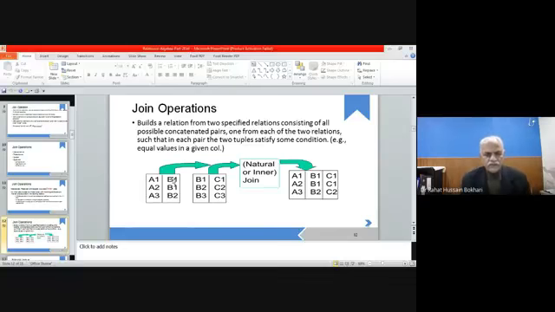So what do we have to do? In the very beginning we go for the Cartesian product, and then we select the rows in which the value of the common attribute within the two tables matches, and filter on that.